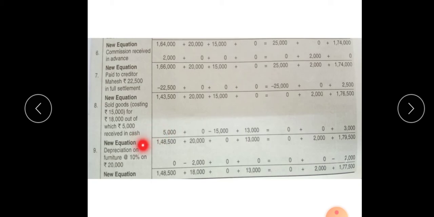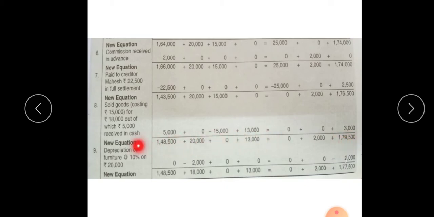So now in the new equation, cash stands at rupees 1,78,500, furniture 20,000, stock is nil, debtors 13,000, creditors nil, commission received in advance 2,000, and capital 1,79,500. The total of both the sides will be same, 1,81,500.